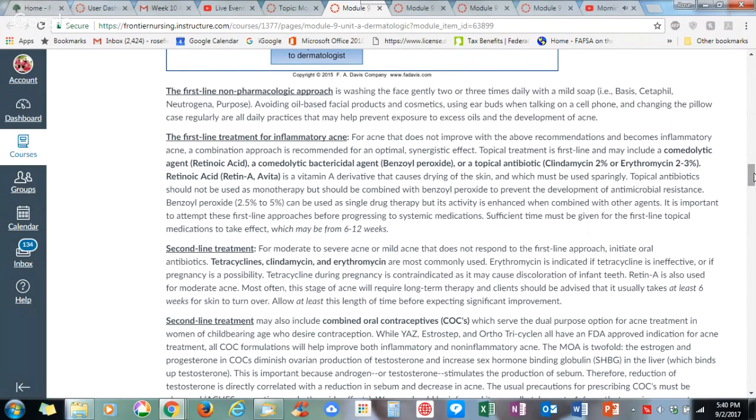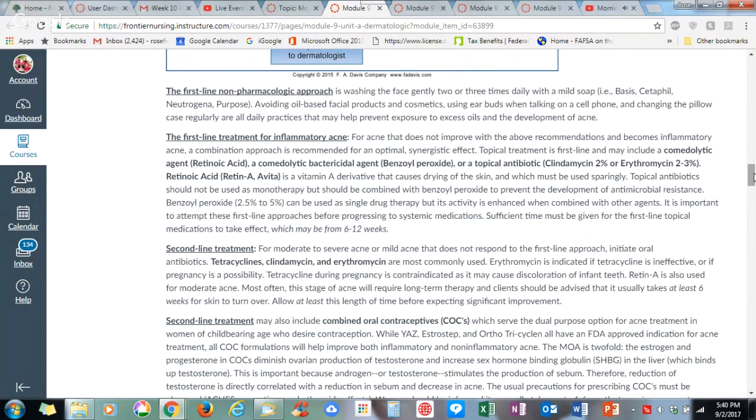Most often, this stage of acne will require long-term therapy, and clients should be advised that it usually takes at least 6 weeks for skin to turn over. Allow at least this length of time before expecting significant improvement. Second-line treatment may also include combined oral contraceptives, COCs, which serve the dual purpose option for acne treatment and women of childbearing age who desire contraception.